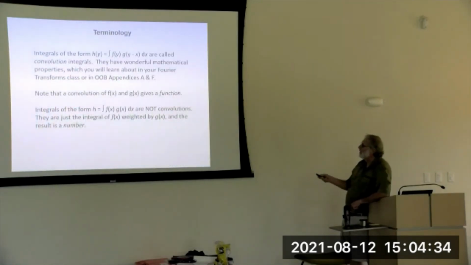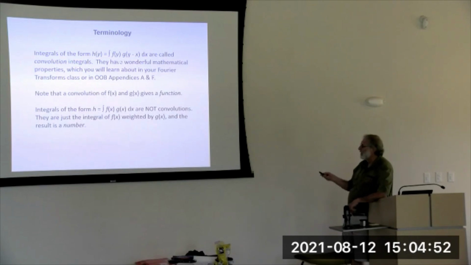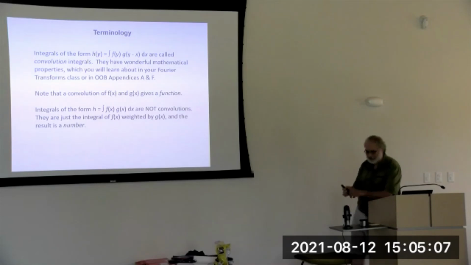So that has the form of one function times another one at the variable minus some offset, integrated over this offset. Integrals that have this form are called convolution integrals. And they have all kinds of wonderful mathematical properties when you take their Fourier transform.